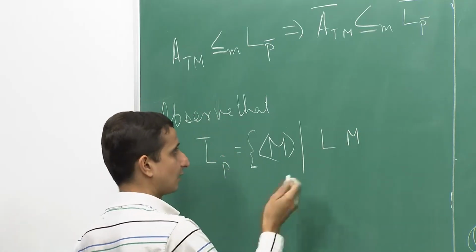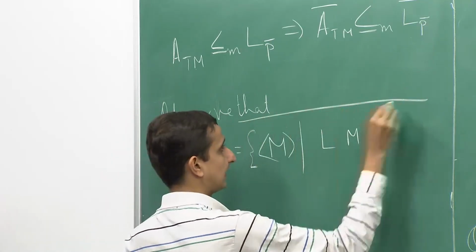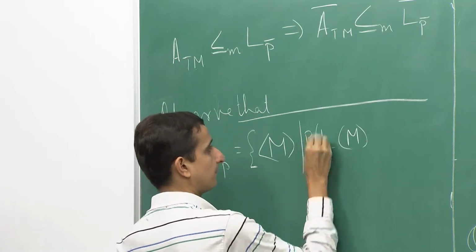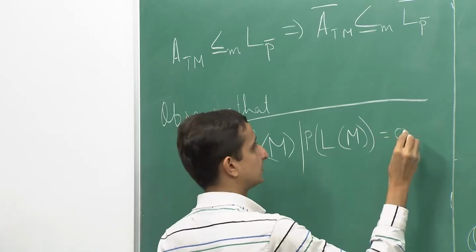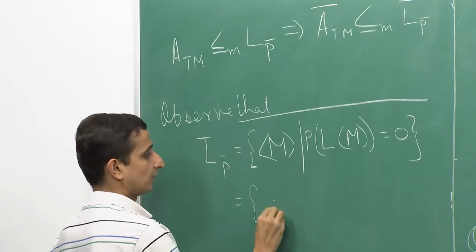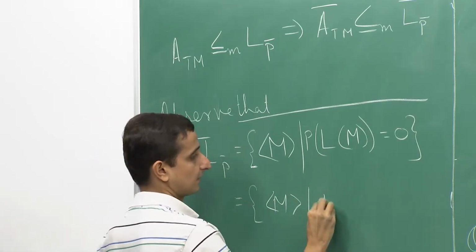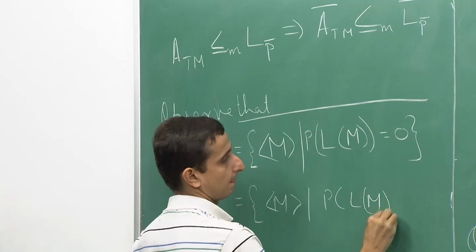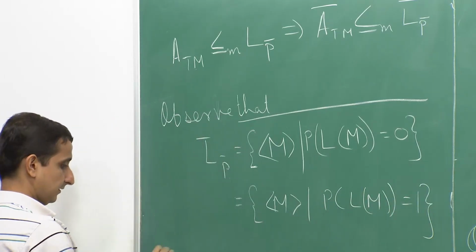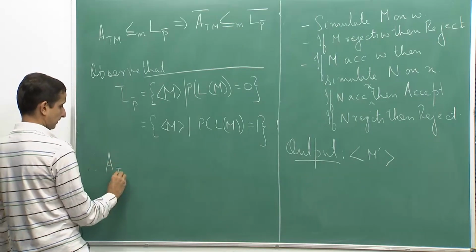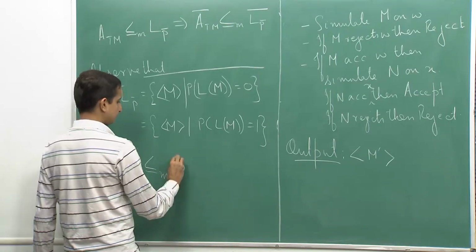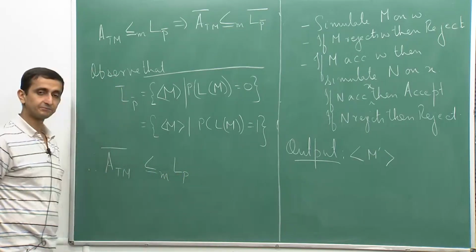So, it is the complement of the language of machines M such that L of M does not satisfy P, which is nothing but all those machines M which satisfy P. Therefore, ATM bar reduces to LP.